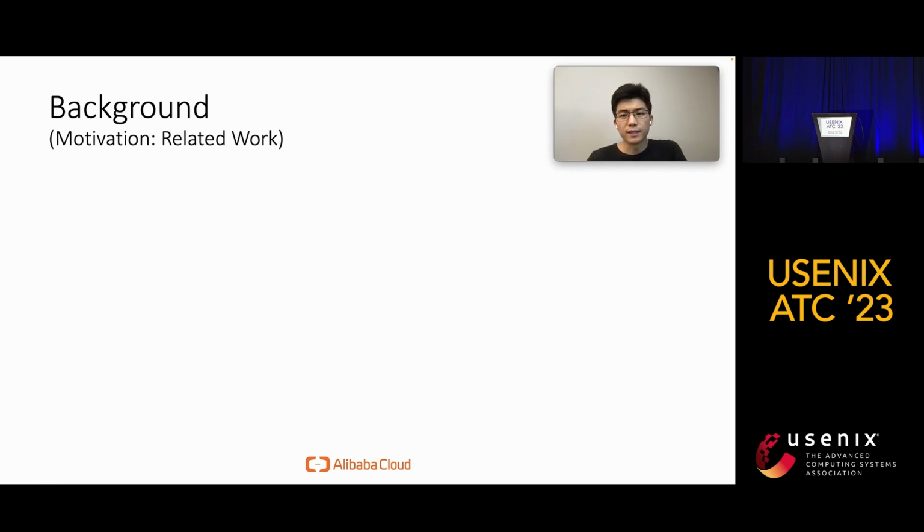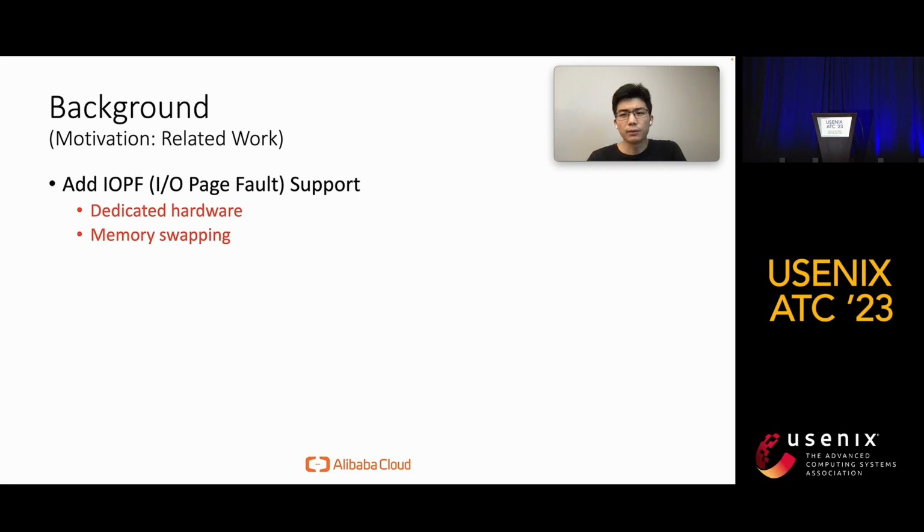Several solutions exist to address the problem. The first solution involves adding I/O page fault support to hardware devices, allowing peripheral devices to trigger page faults in a similar way the CPU does. However, I/O page fault requires dedicated hardware and is not widely supported by off-the-shelf devices. It also relies on memory swapping, which introduces significant I/O overhead.